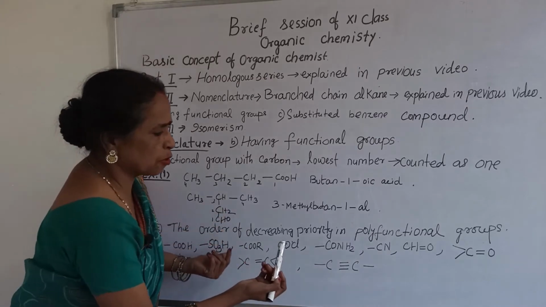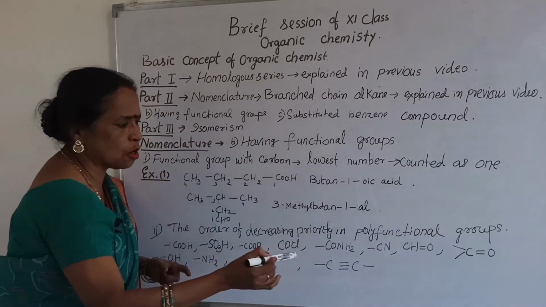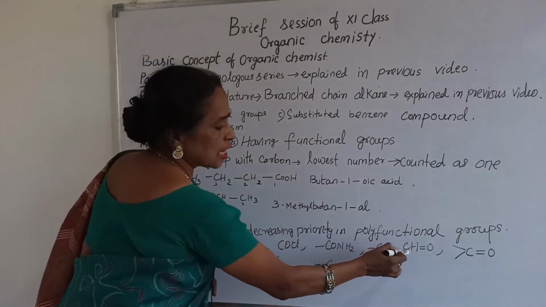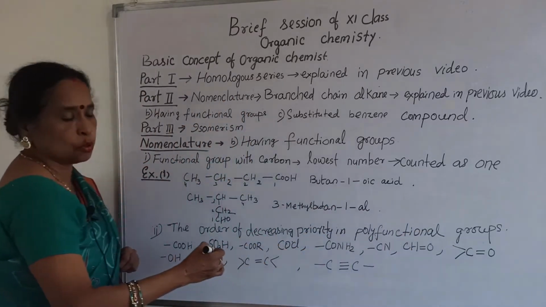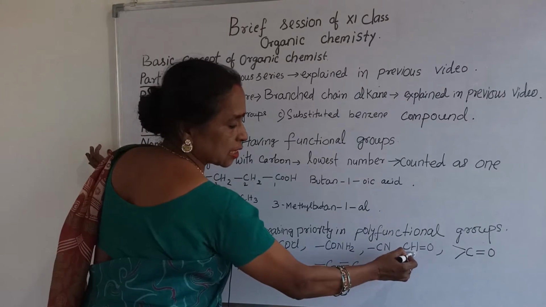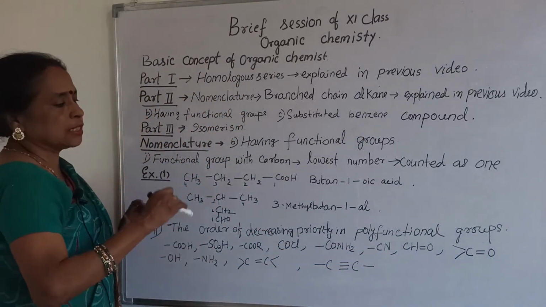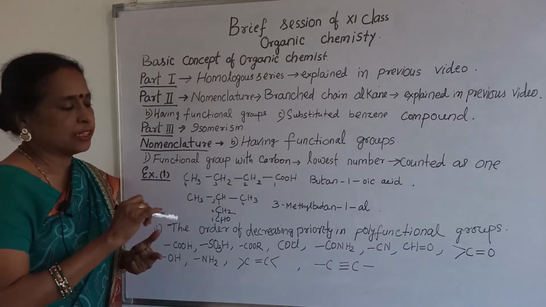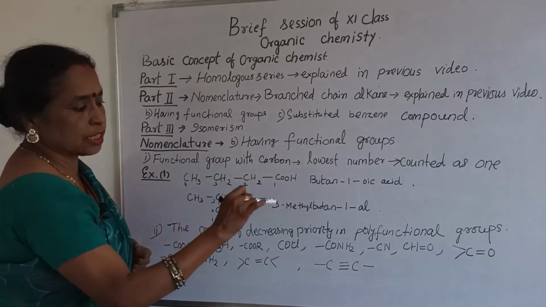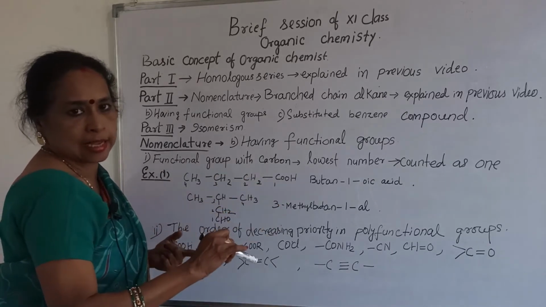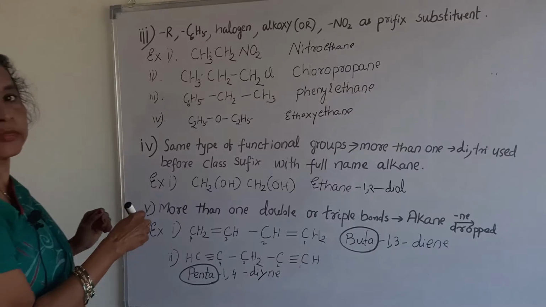Similarly, take CHO and C=O. CHO means aldehyde, CO means keto group. Comparing these two, aldehyde has the best priority. The CHO aldehyde group is the principal functional group whereas the keto group acts as a substituent.